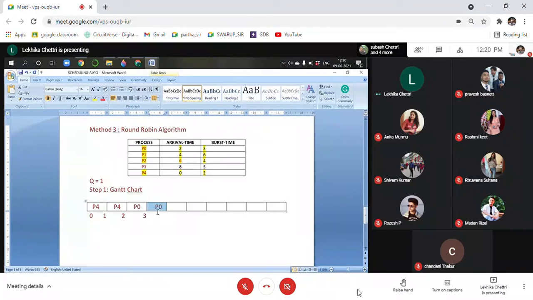Now the clock unit time is increased from 3 to 4. At clock unit time 4, your program has to check the arrival time. Is there any other process that has entered into the ready queue? Yes, P1 has entered into the ready queue at clock unit time 4.